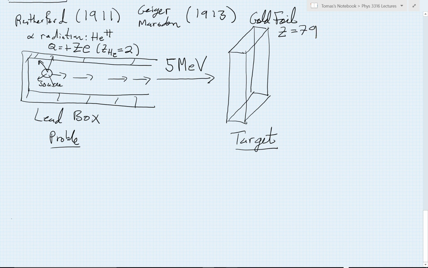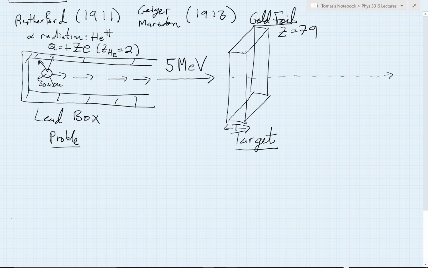Now, the way this experiment works is that the thickness of the foil is known. Because the foil is so thin, it's made purposefully this way. It's thin enough so that most of these particles pass directly through it without any deflection whatsoever.